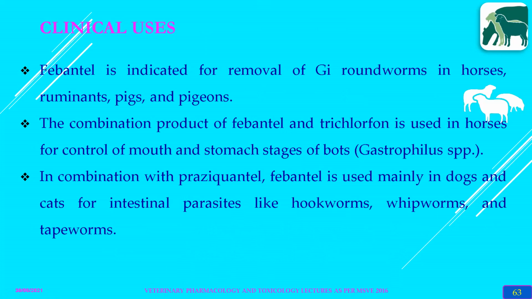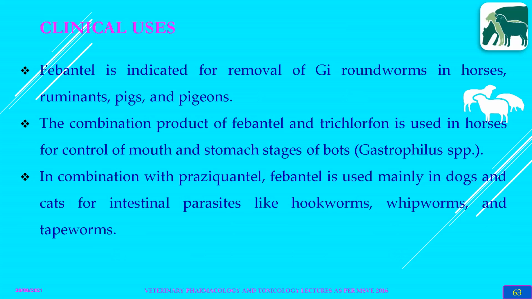Then clinical uses, as usual, it is very similar to that of the benzimidazoles, like GI roundworms in horses, ruminants, pigs, and pigeons. The combination of febantel and trichlorfon is used in horses for control of the mouth and stomach stages of the bot flies, Gasterophilus species.